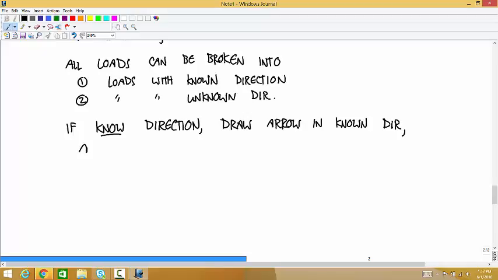And then associate that arrow with a scalar variable or a number.